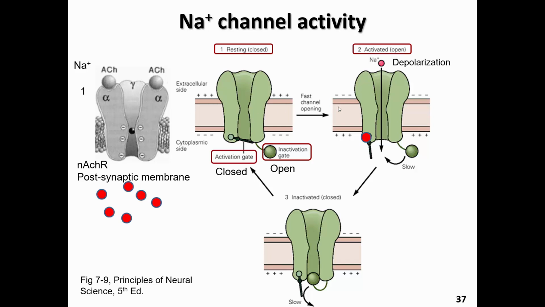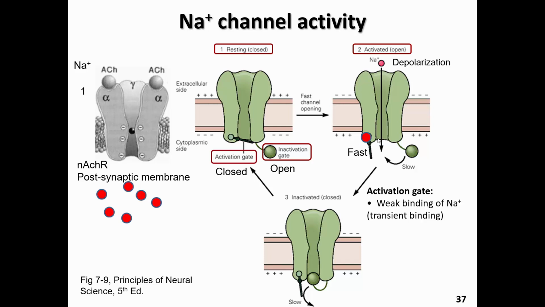And so when that channel opens, it then will allow the further depolarization to take place. And this is what really drives the interior of the cell in this particular region to positive 30 millivolts.